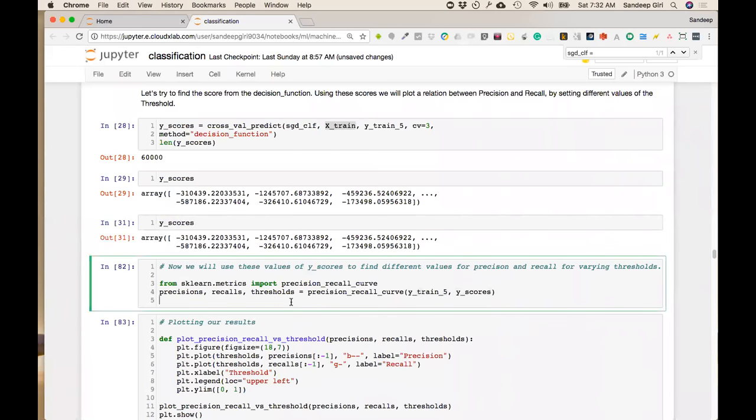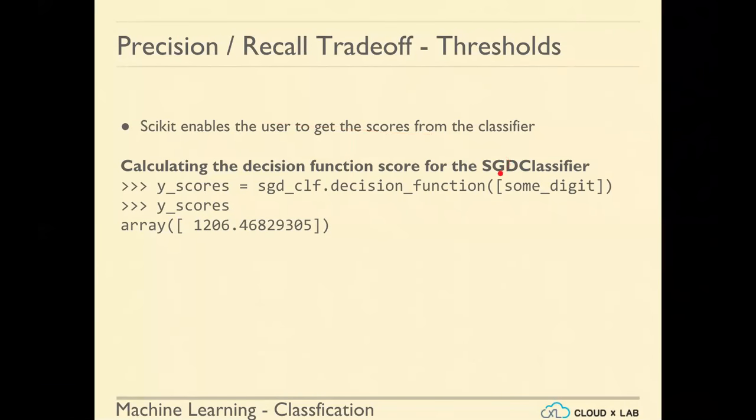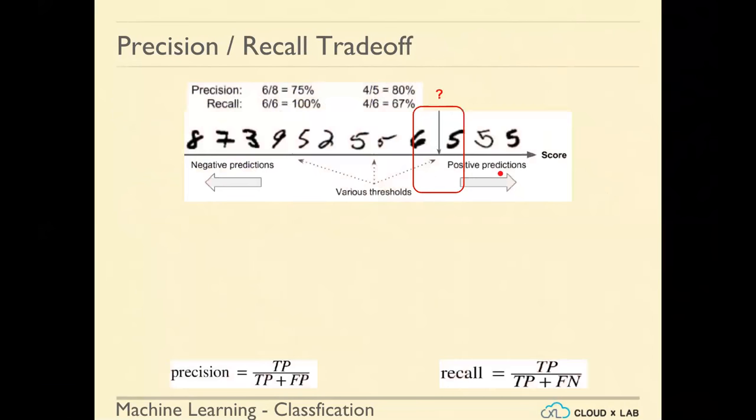So what it is going to do is put the threshold just the way we did in the diagram here, right? It is going to increase the threshold from left to right, and then compute precision and recall.